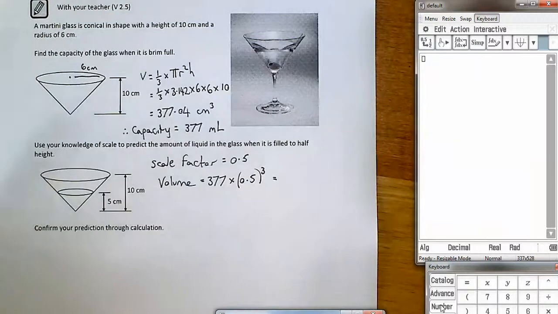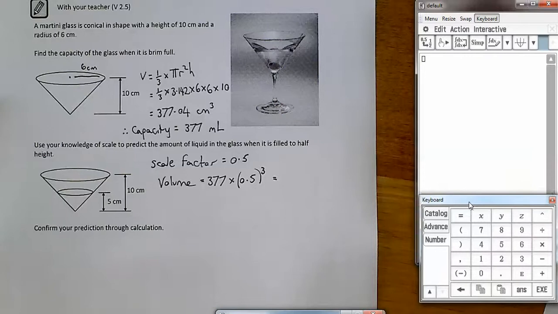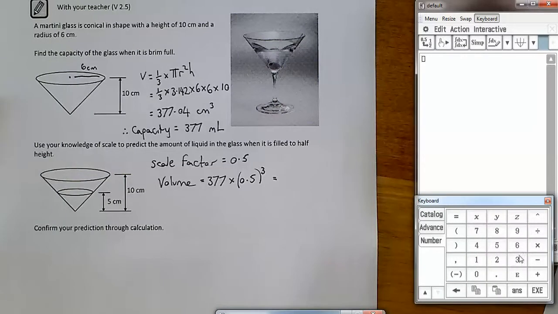Let's do it on the calculator. So we've got 377 times by 0.5, and to cube it I'll just times it by itself 3 times.